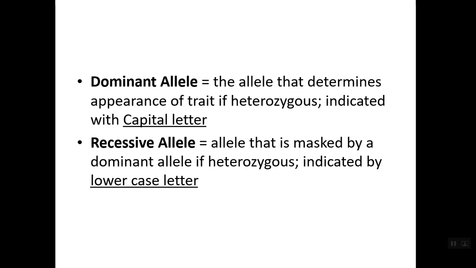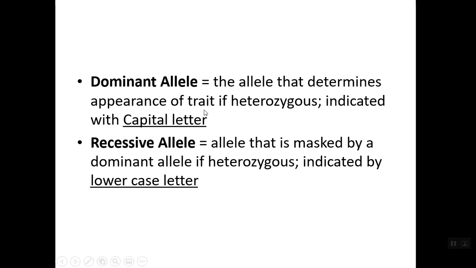non-dominant. And talking about alleles that are not dominant, that are masked by dominance, these are known as recessive alleles. So a recessive allele is an allele that is masked by a dominant allele in heterozygosity. So whenever a person inherits two different alleles from mom and dad, and one of these alleles is masked by the presence of the other and does not manifest, we're talking about a recessive allele.